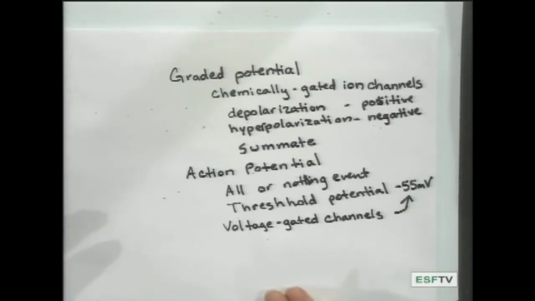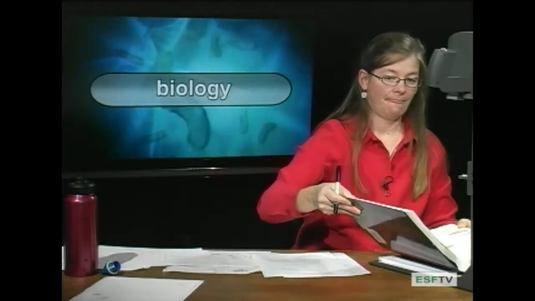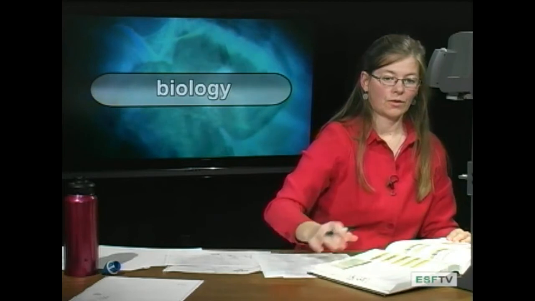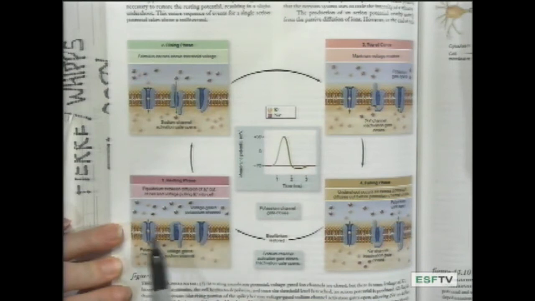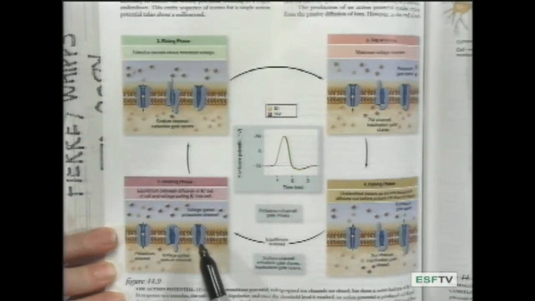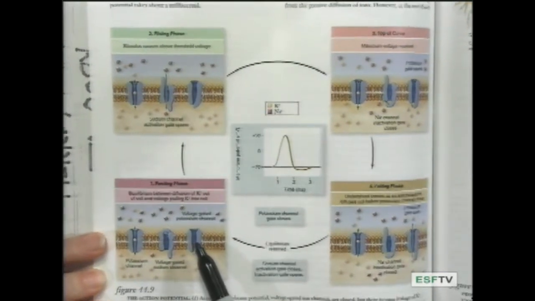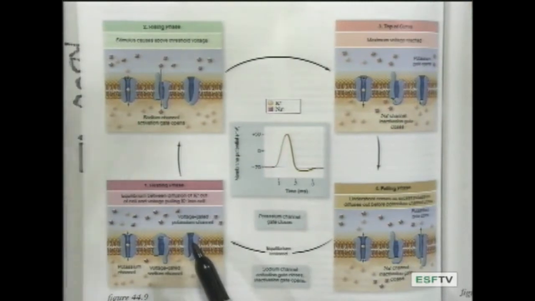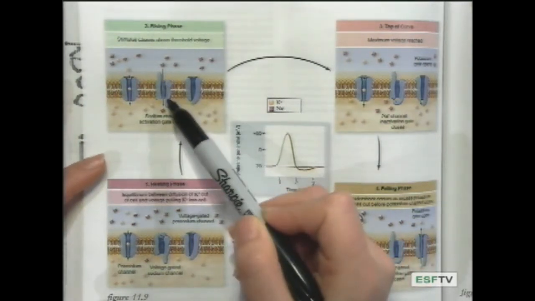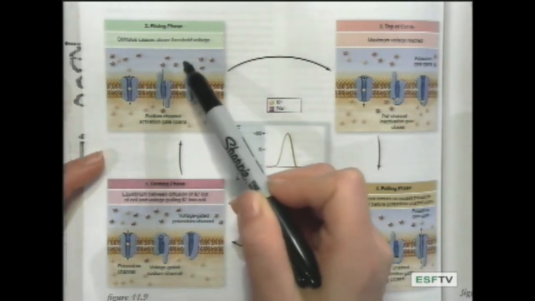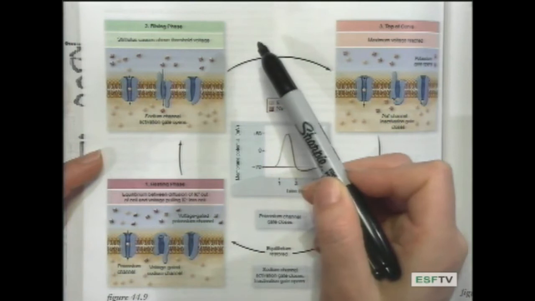And with that, let's take a look at what an action potential looks like. So normally the neuron membrane is at a resting potential here, again negative 70 millivolts. When you have an impulse that comes along that goes beyond that threshold potential of negative 55, you'll get these voltage-gated sodium channels opening, which will flood sodium into the cell.